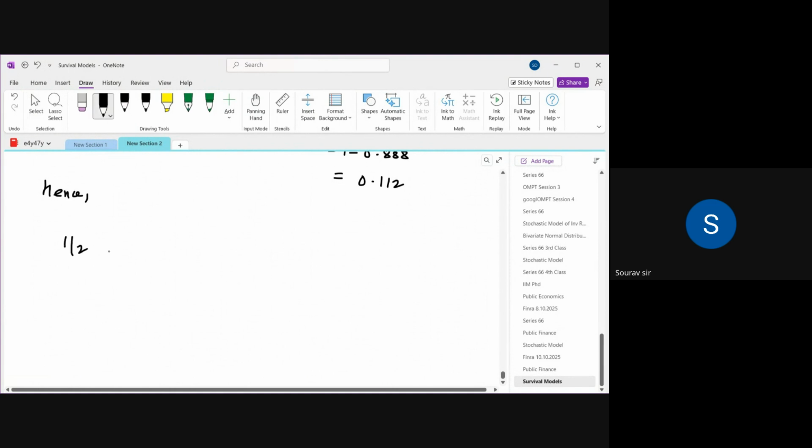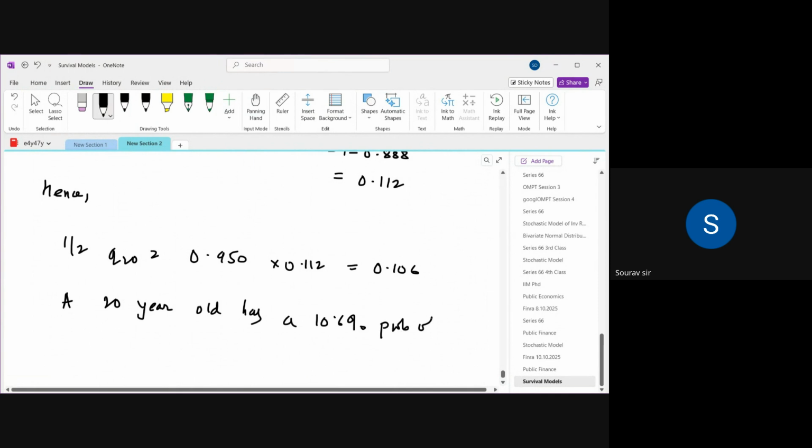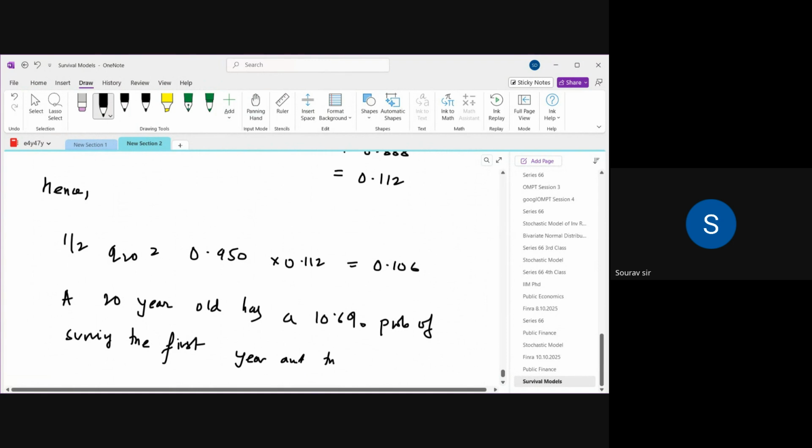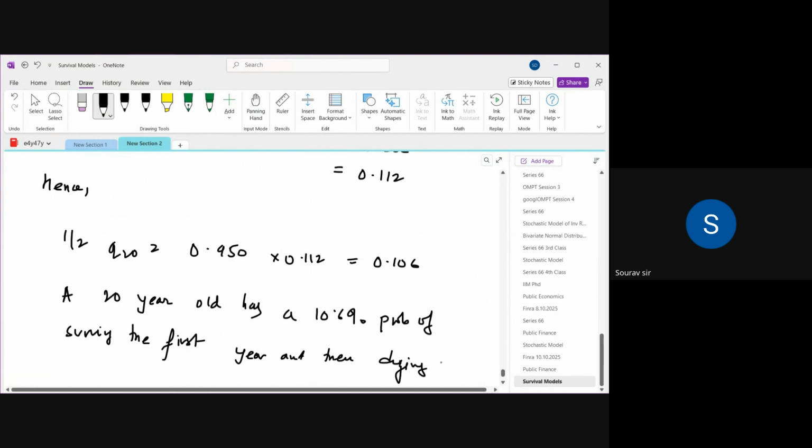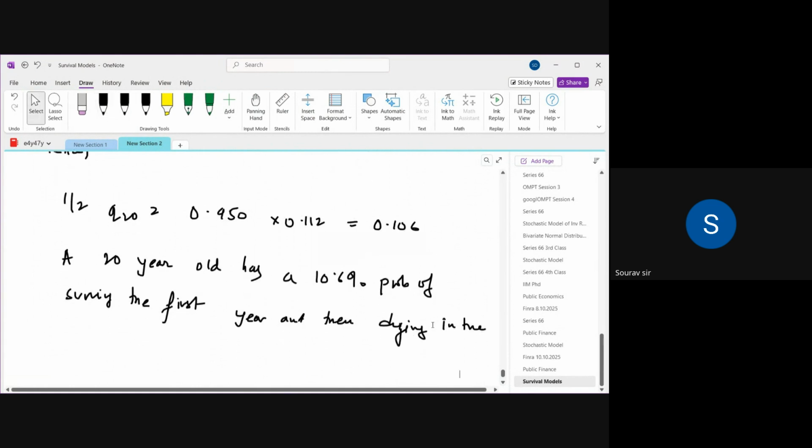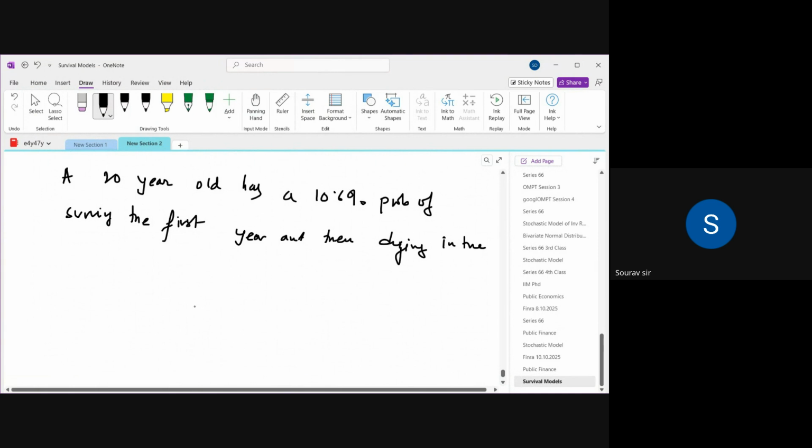Hence, this is the probability of surviving the first year and then dying in the following 2 years.